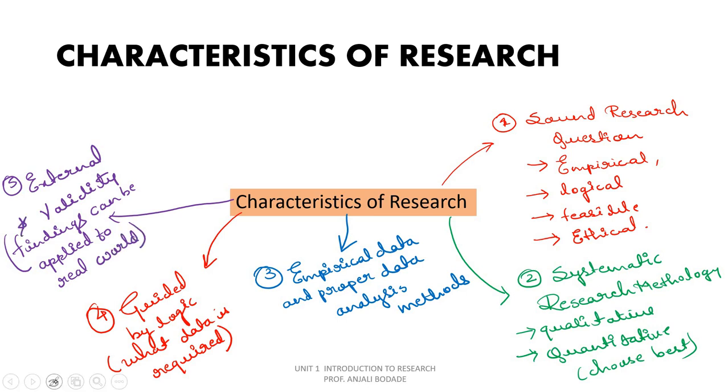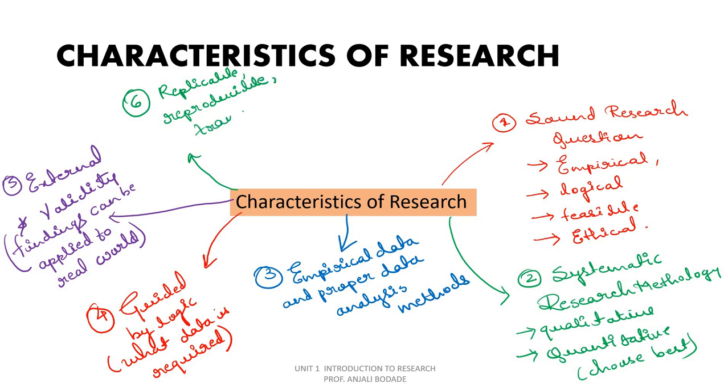Next, the sixth one, replicable, reproducible, and transparent. A good research is replicable because it allows other researchers to test the findings of the study and use it in their research as well.